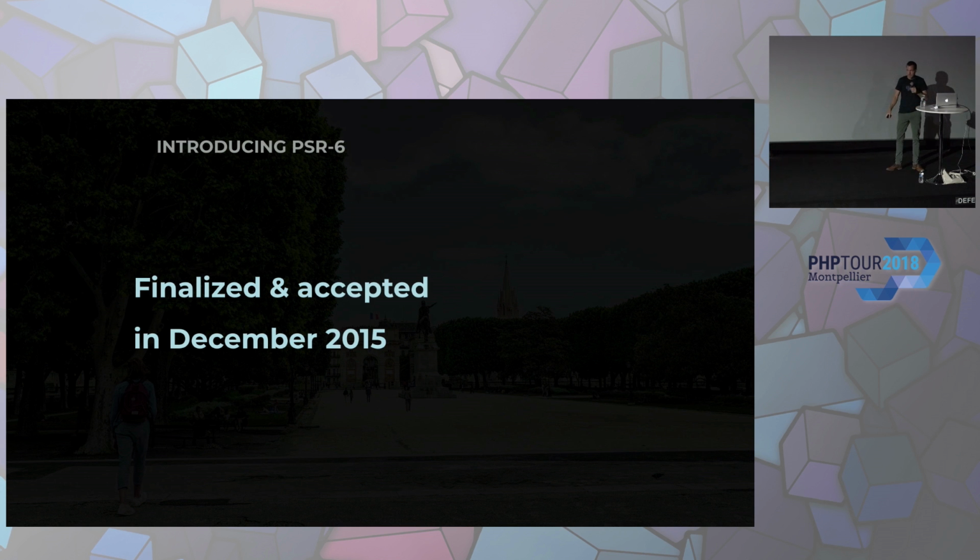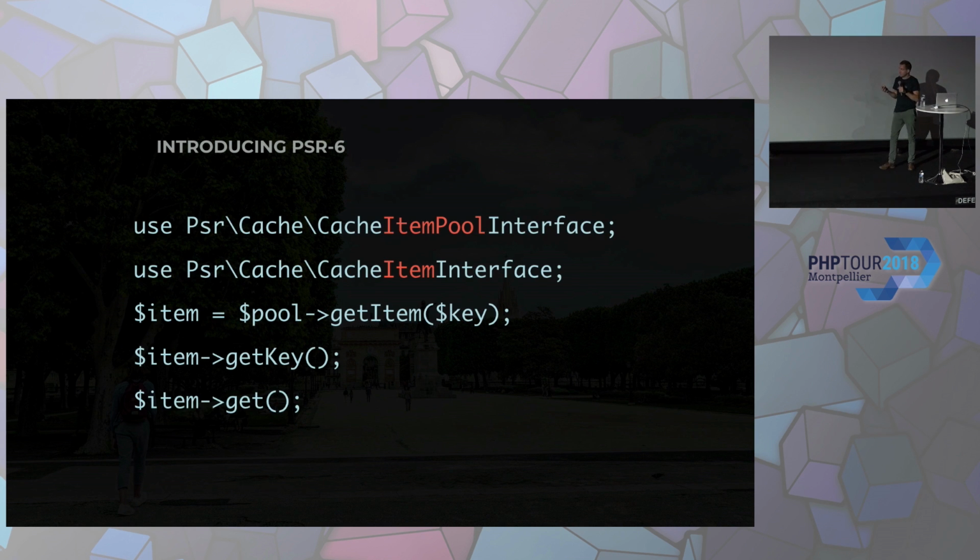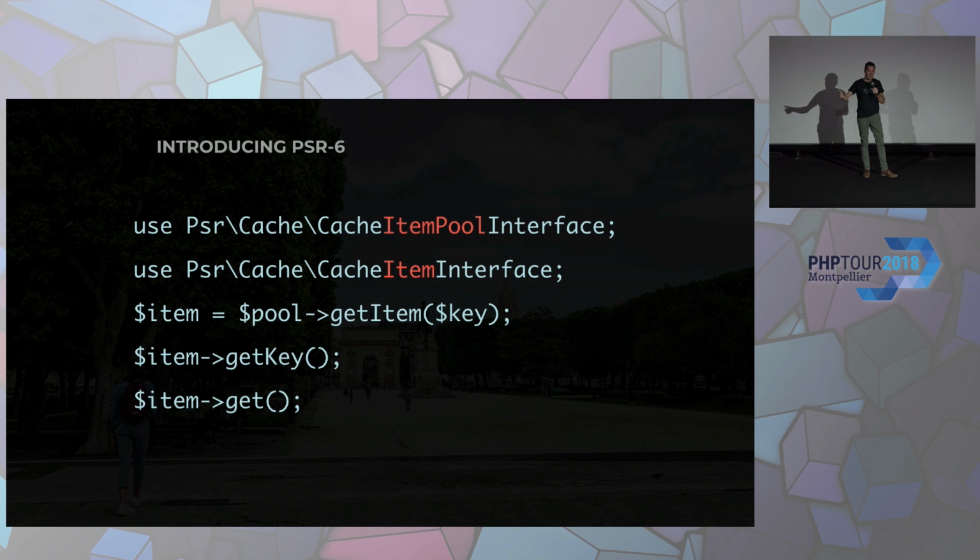And the way PSR 6 actually works is in some kind of repository and entity pattern. So there is an item pool, which is basically the repository, and that item pool keeps track of all the items. And all the items are value objects with a cache key and a cache value and a TTL. So the item pool keeps track of all the entities and does the actual connection with the backend.